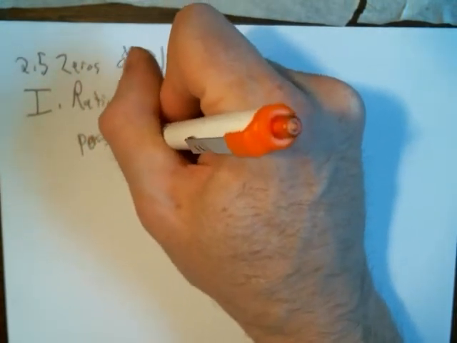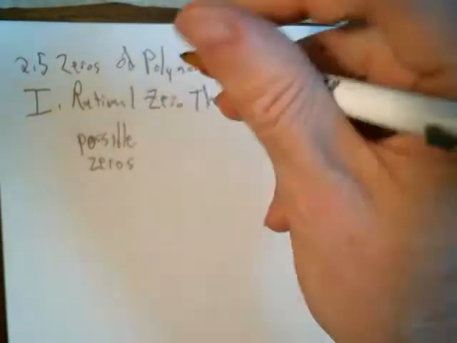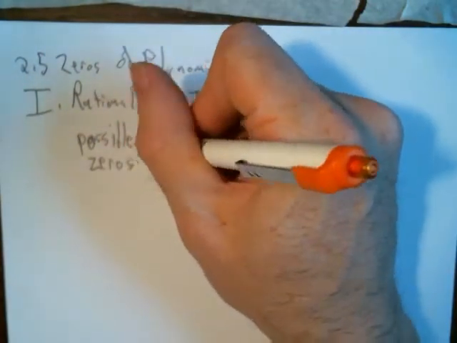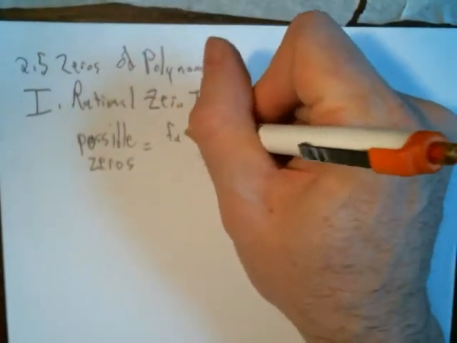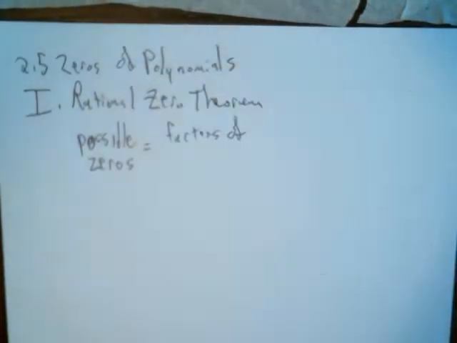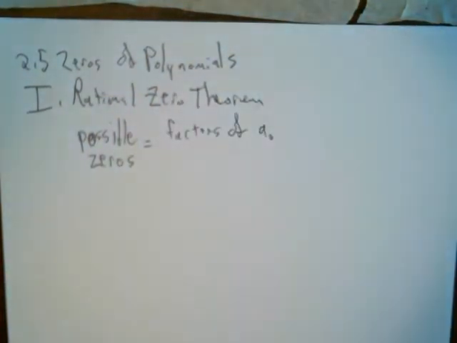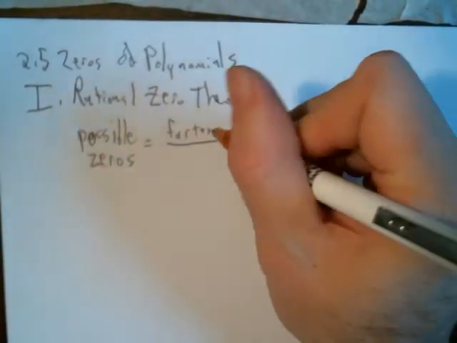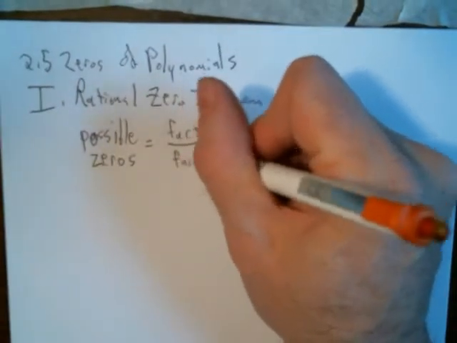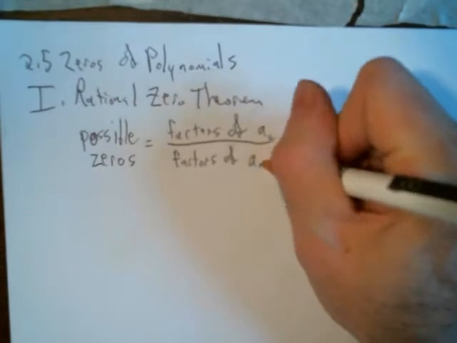So possible rational zeros. In the numerator, we're going to put the factors of the last term, which in our notation would have been a sub 0. And in the denominator, we're going to put the factors of the leading coefficient, which in our notation is a sub n.